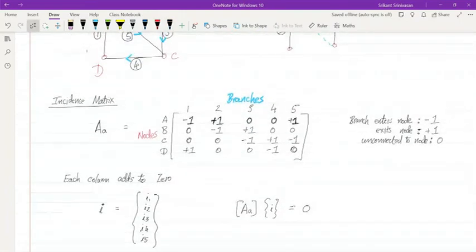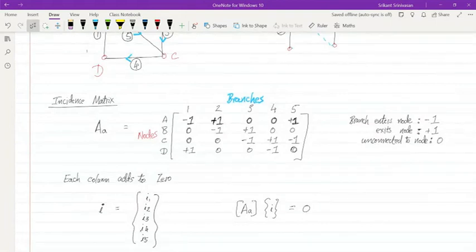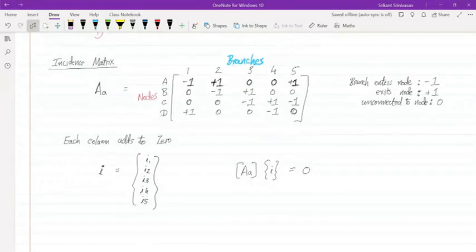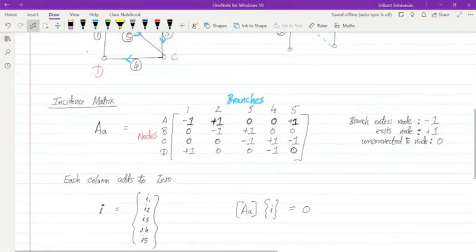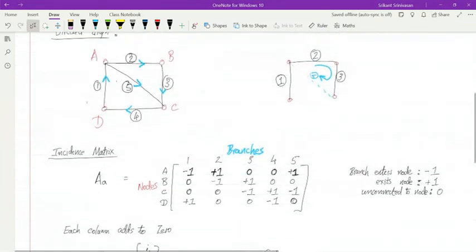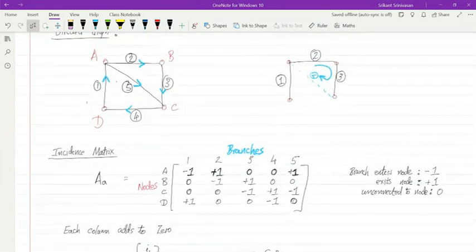Now, one of the interesting things, from the matrix algebra perspective, is that because every column adds up to 0, we actually don't need to solve this matrix for all 4 rows. You can take any one node as ground, as a reference node. If you're doing this simulation in SPICE, SPICE will not simulate until it asks you which is the ground.